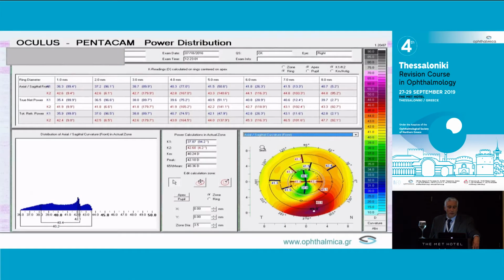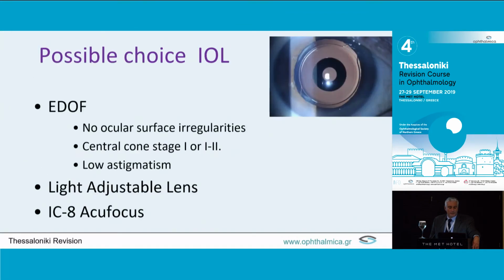Just want to tell you one thing about possible other choices of IOL. As I said, trifocal is out of the game. We will never use trifocals. It's a very complicated optical system to put in front of another complicated optical system, such as a trifocal. But for an early keratoconic stage of a central keratoconus, you may consider an EDOF lens.